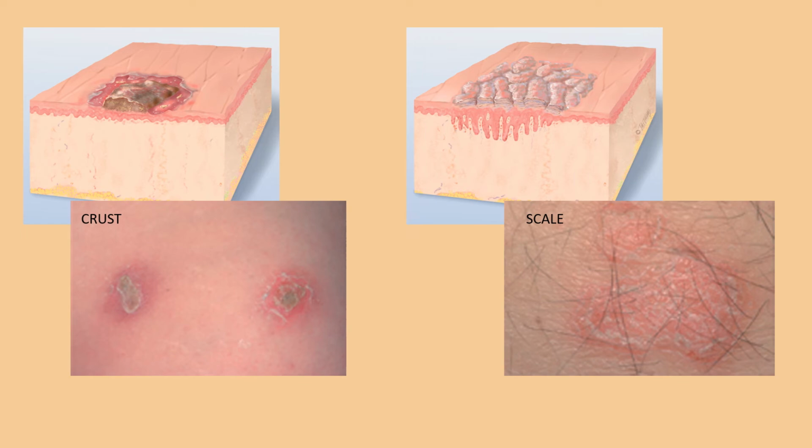Scales. Scales are compact, desiccated flakes of skin, dry or greasy, silvery or white, from shedding of dead excess keratin cells. Examples include psoriasis, which are described as silvery scales, and seborrheic dermatitis, which has yellow and greasy scales.